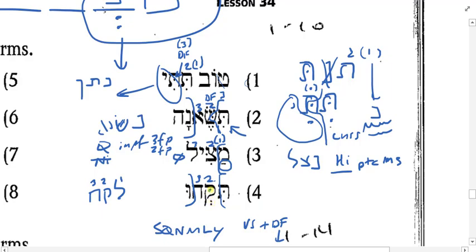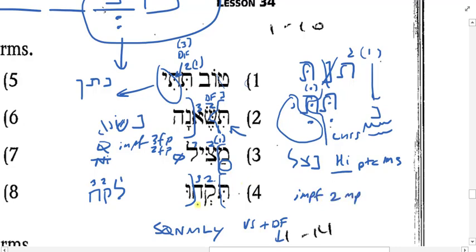And then I'll get a silent shva. So tikkachu became tikchu. All right? So, not same subject. We have the same tav, but now we have a shurik. So, which person, gender, number is that? It's imperfect, 2MP. Good.